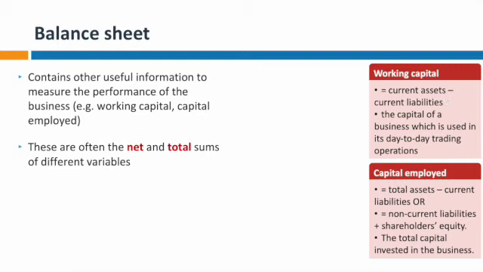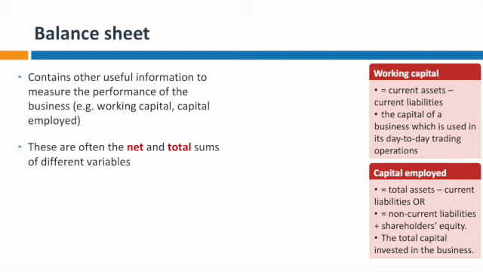The second thing that the balance sheet shows us is capital employed. Think about the meaning of that term. Capital employed. Basically, how much capital I am employing, I'm using in my business. It is calculated as total assets minus current liabilities.